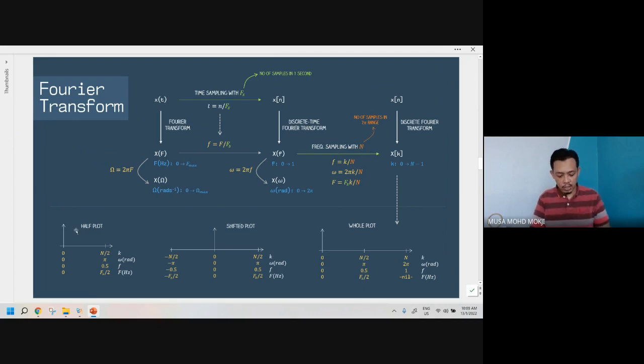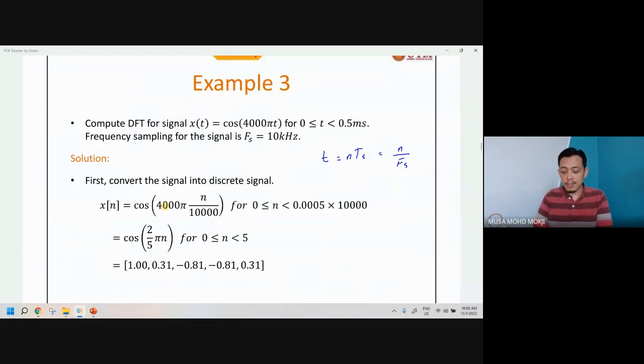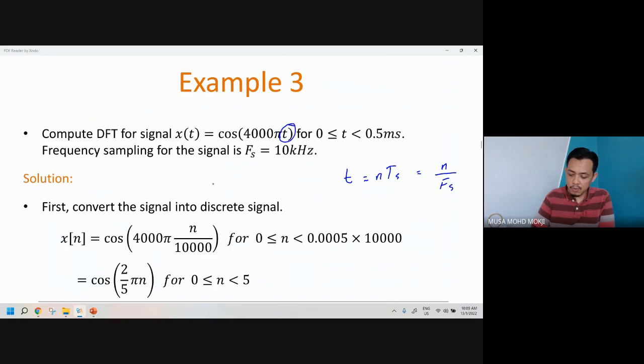Now we are doing the first sampling process, which is t equals nTs, or t equals n over fs. So whatever you have, we convert that into n over fs, and here we have 10,000 hertz.